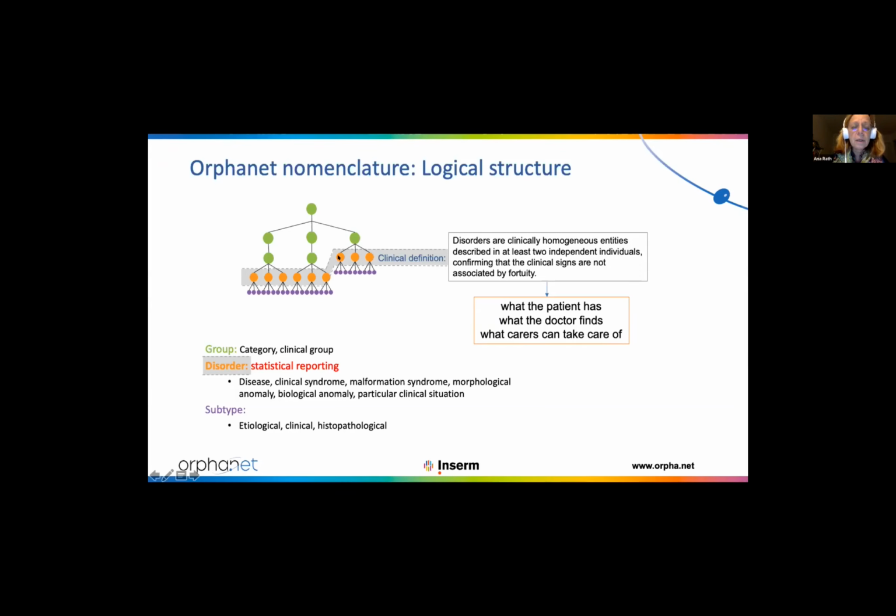But of course, each disease can be subdivided into subtypes, for instance genetic subtypes, and grouped into clinical groups or categories that allow for the organization of the nomenclature.